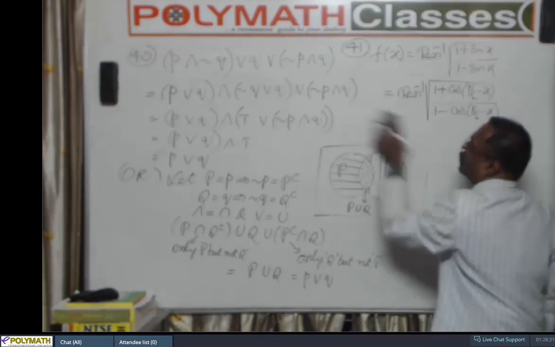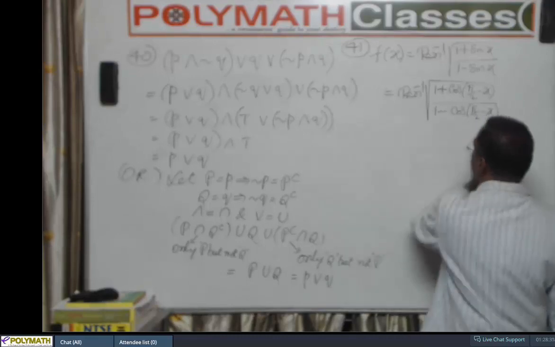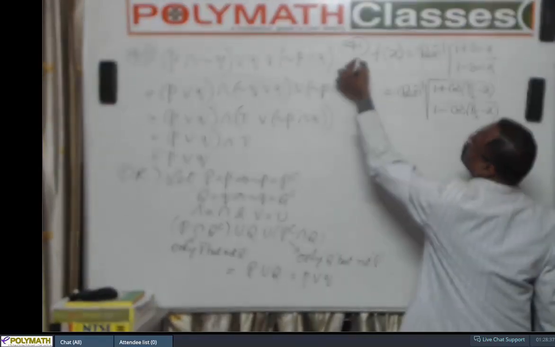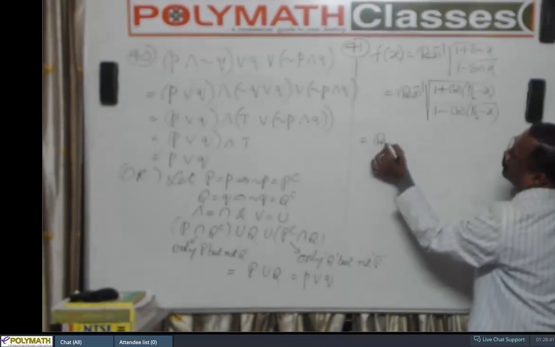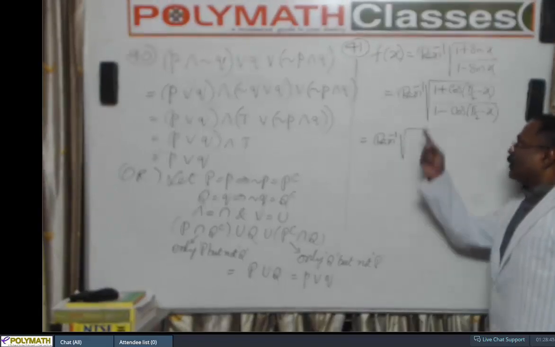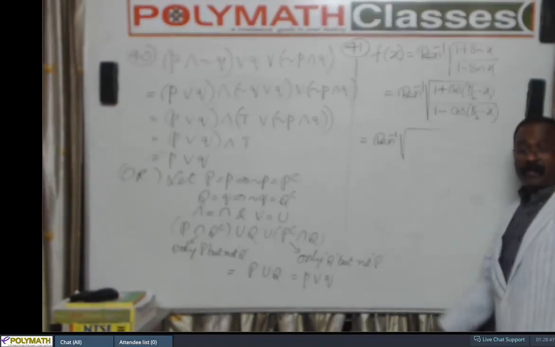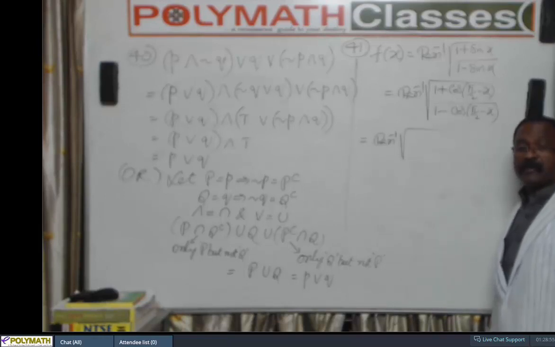Okay, now say this carefully. I'll write it in this way, tan inverse of square root of... everyone knows the 1 plus cos 2 theta formula, 2 cos square theta, and the 1 minus cos 2 theta formula, 2 sin square theta.